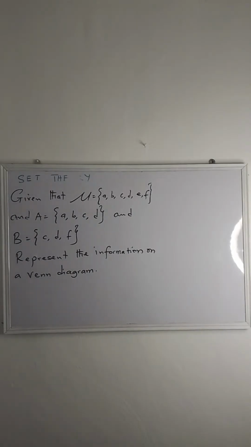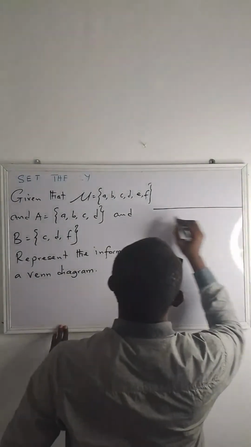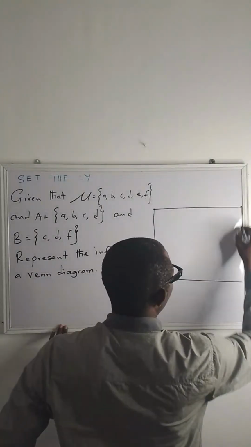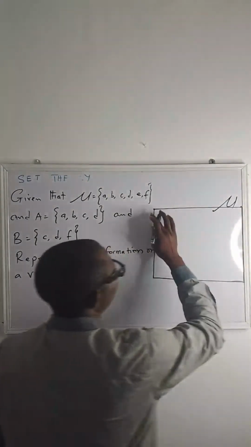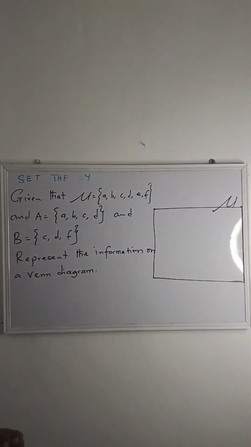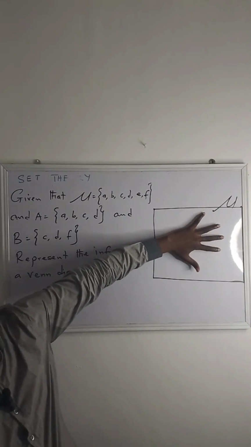Now the first thing is to draw a rectangle which represents the universal set. So we have this. This rectangle represents the universal set. The next thing is to draw a circle for set A and also set B, completely inside the universal set.